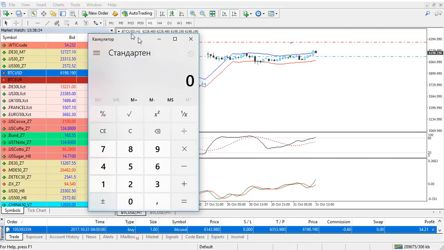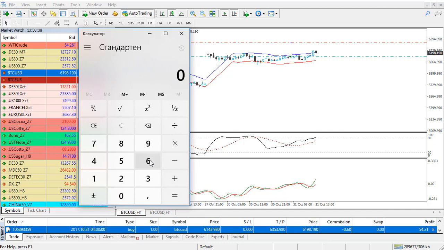So let me just bring it on over here. Our entry price is 6143.98, and $70 lower would be $6,073.98. So this is how I'm calculating, simply $70 lower, and my take profit there will be another $210 lower.